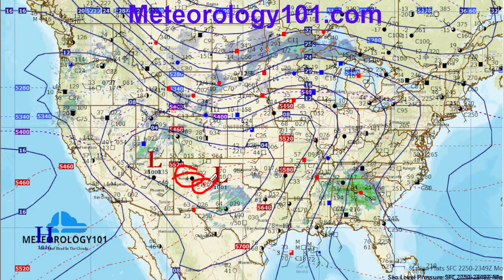That C120 is your ceiling at 12,000 feet. It means it's broken, at least 5/8 of the sky is covered, and the lowest ceiling is 12,000 feet. This, just to the left of the station, like these two lines, that is mist. That's your weather just to the left of those stations.